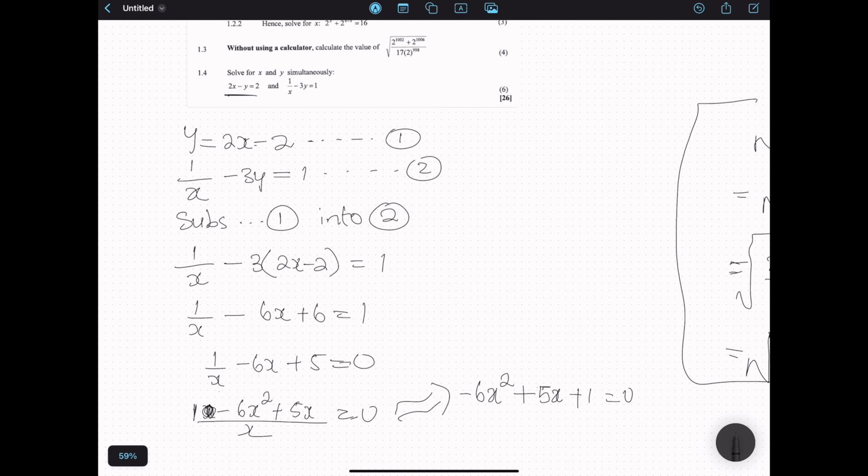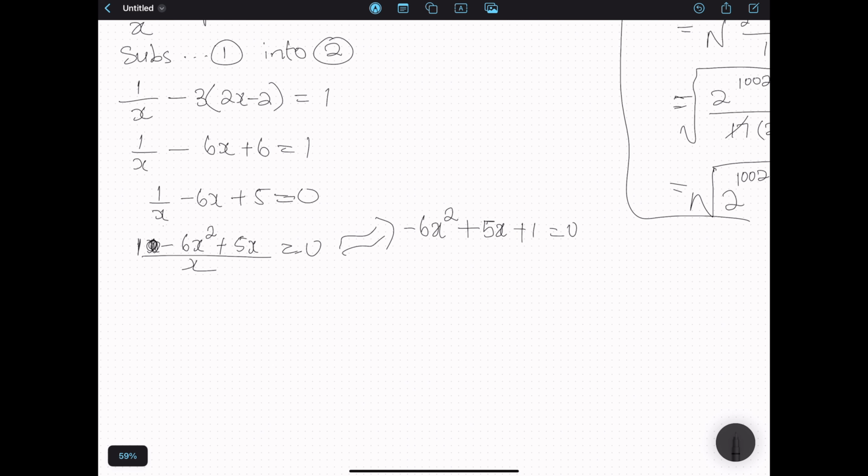Obviously, we can just multiply by negative. Then we have 6x squared minus 5x minus 1 is equals to 0, right? Then to simplify this, we're going to have 6x into x is equals to 0.